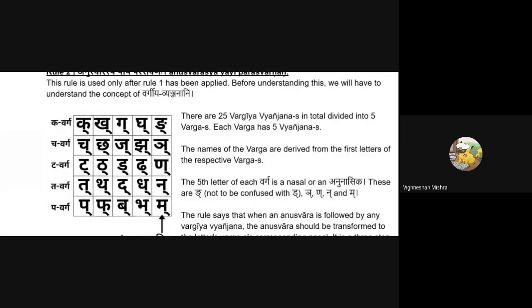Can you just give a thumbs up if you have seen this matrix arrangement before? Ka varga, cha varga, ta varga, and all of that. Even if you have not seen it, this is a very standard usage even in linguistics. If you learn linguistics, they also arrange it in a similar fashion, although they give more descriptive names.